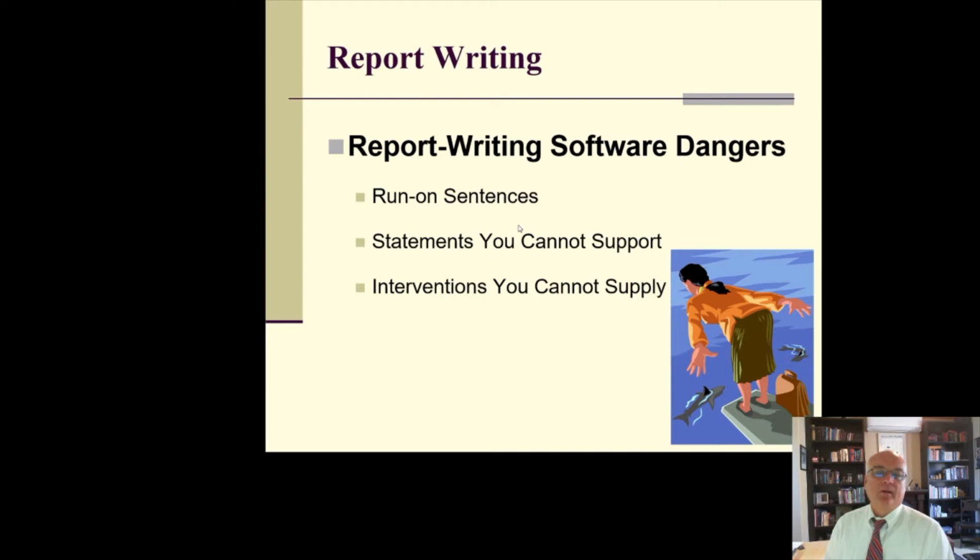All right. The reason I say not to use report writing software, and maybe they've gotten better, but I know the first time I was called in to do an independent educational evaluation, I read the classroom observation, which was a single paragraph of 500 words in one sentence.